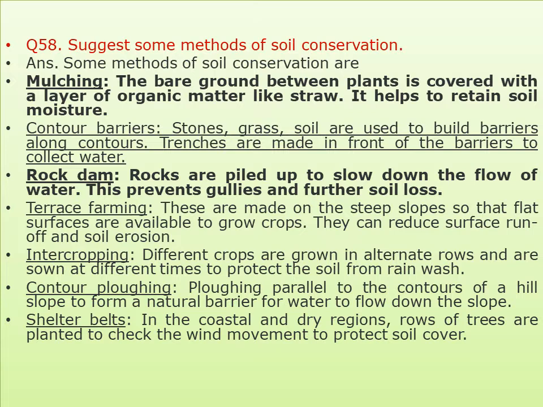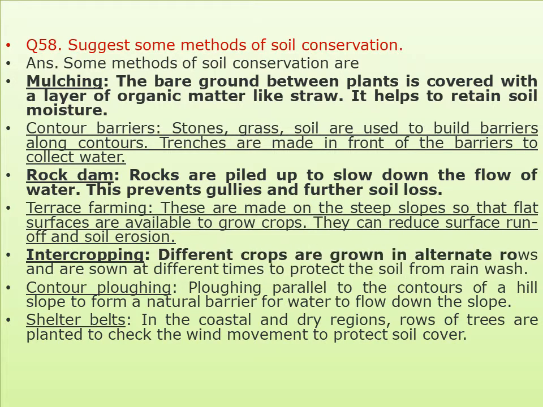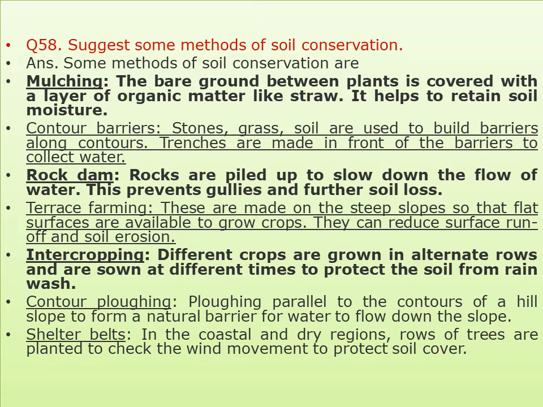And number four, terrace farming. Terraces are made on the steep slopes so that flat surfaces are available to grow crops. They can reduce the surface runoff and soil erosion. Number five, intercropping. Different crops are grown in alternate rows and sown at different times to protect the soil from rain wash.